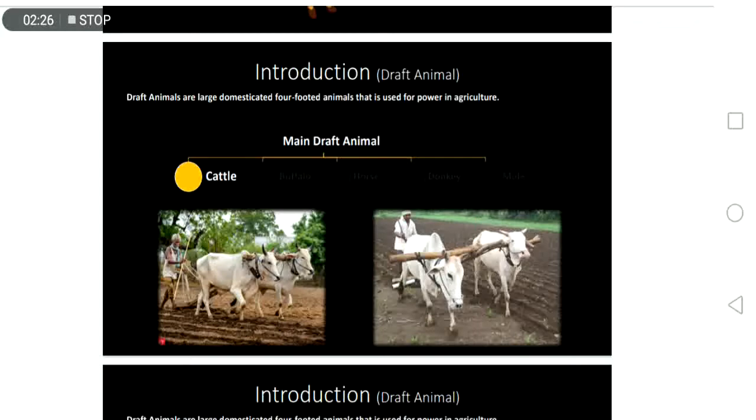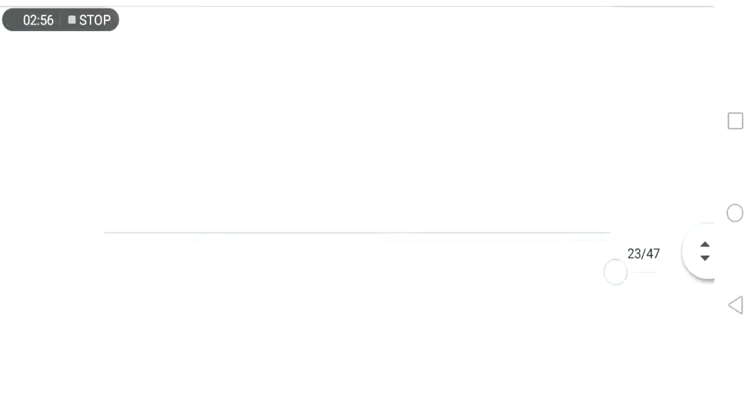So first we have the cattle or the cow. As you can see in the picture, the farmer uses the cattle to prepare the land. So there are implements being pulled by the cattle. That's why they are called draft animals.